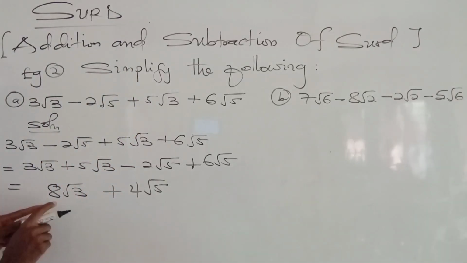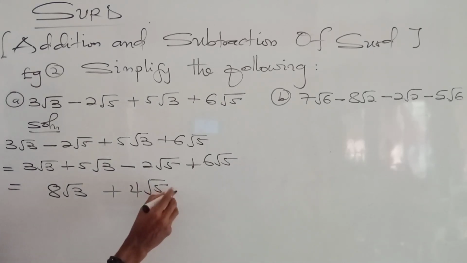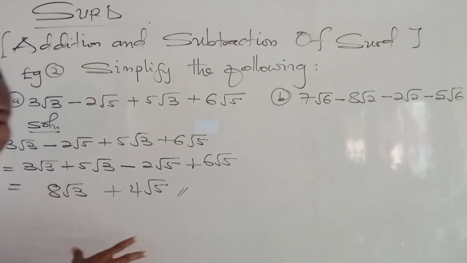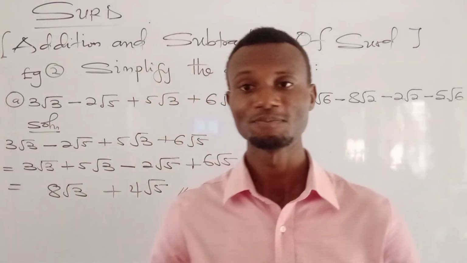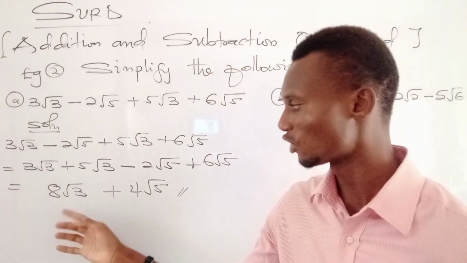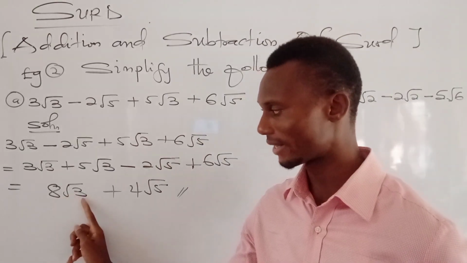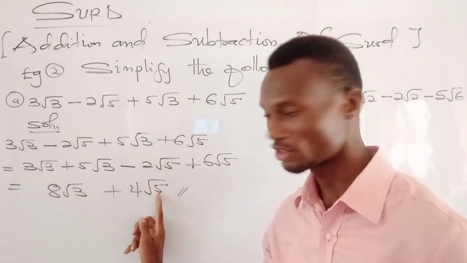So now we have 8 root 3 plus 4 root 5. Now this becomes our final answer because we cannot simplify further, because I said that we can only add like terms and we can only subtract like terms. Looking at this one, it is 8 root 3 plus 4 root 5. This one is root 3, this one is root 5.